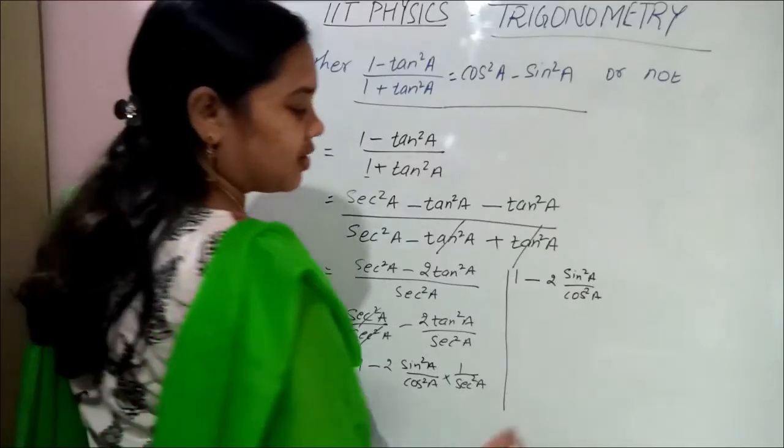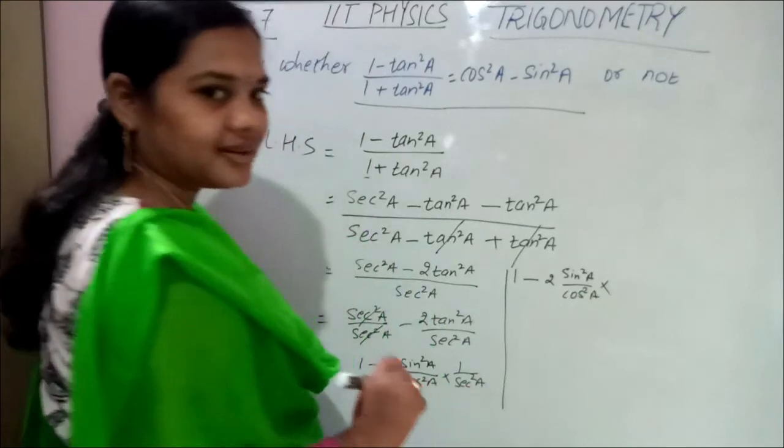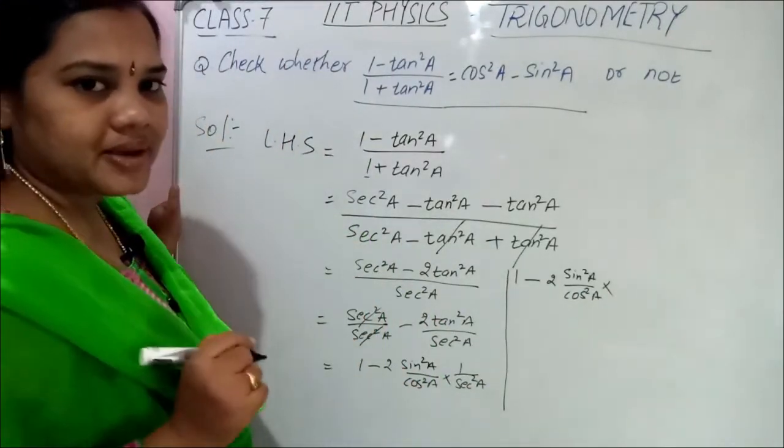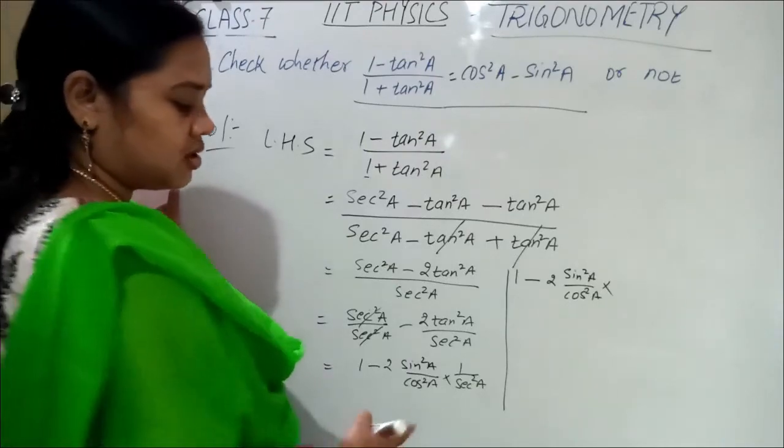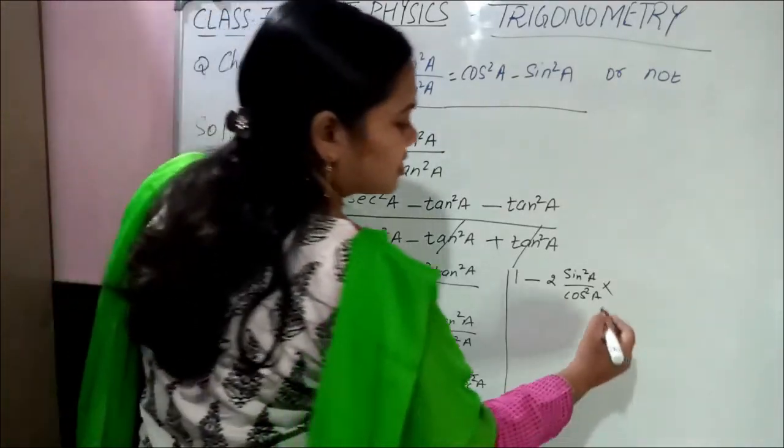Cos theta is equal to 1 by sec theta, sec theta equal to 1 by cos theta. So 1 by sec theta equals cos theta.